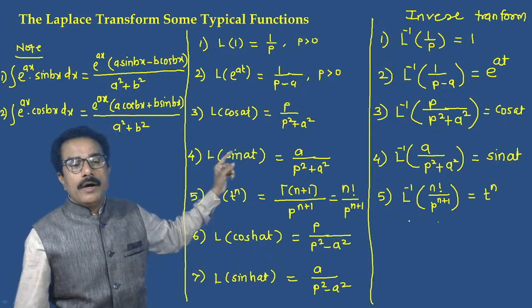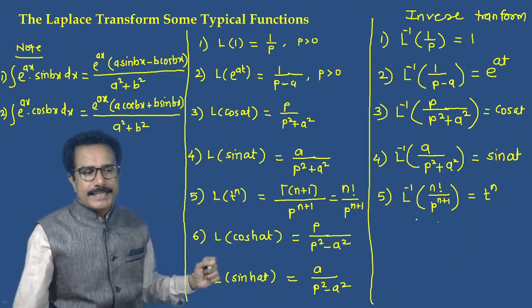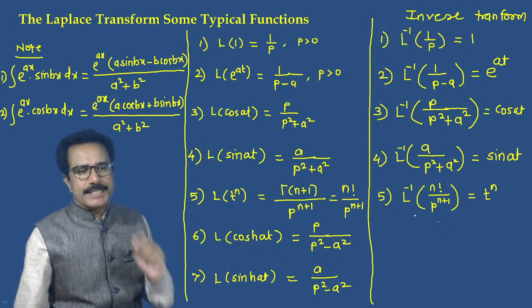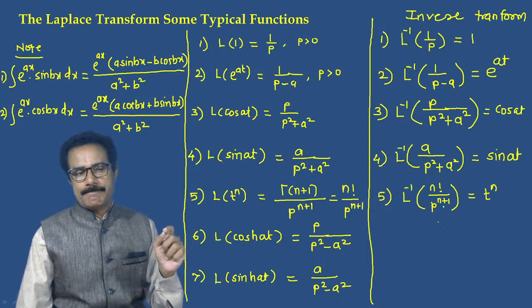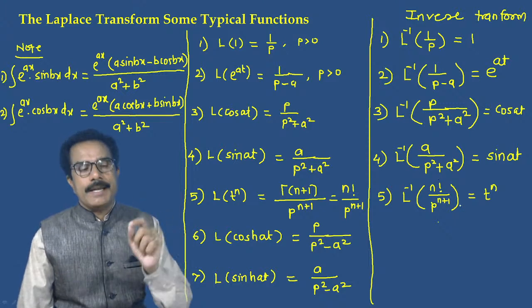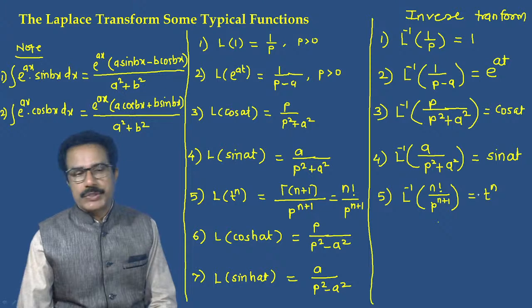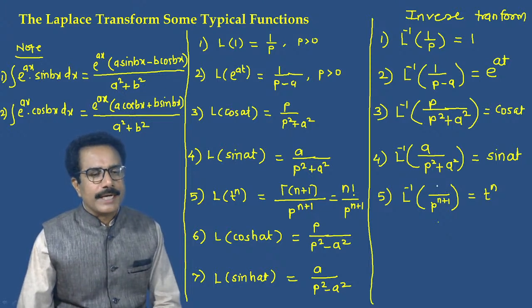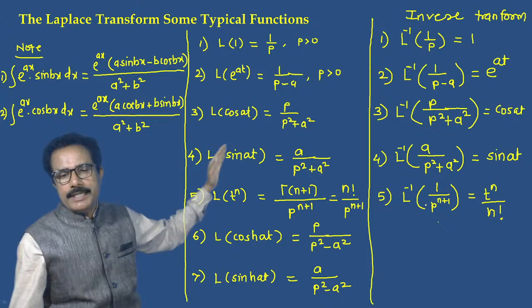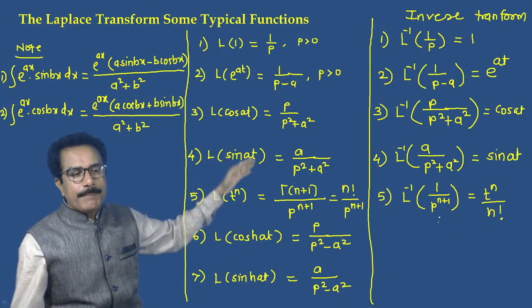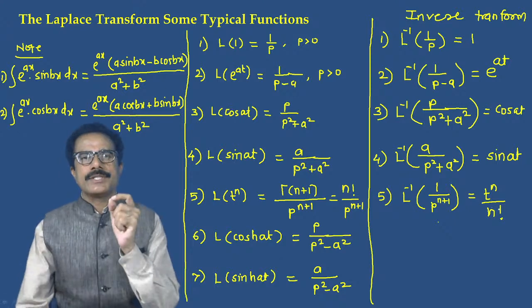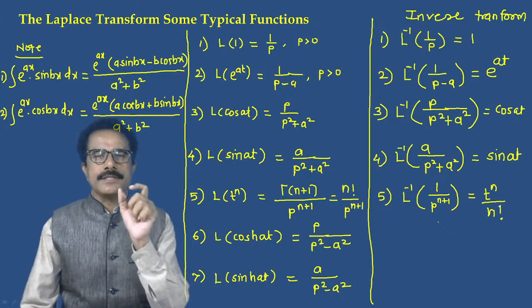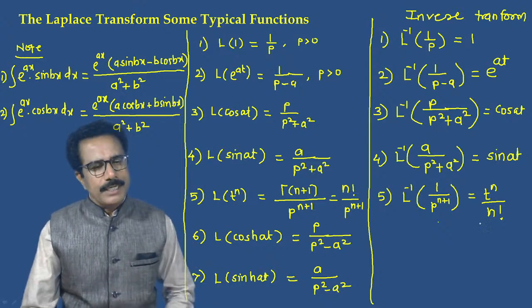Alternatively, L inverse of 1 upon p raised to n plus 1 is t raised to n divided by n factorial, because n factorial is a constant, so you can take it on the right side.